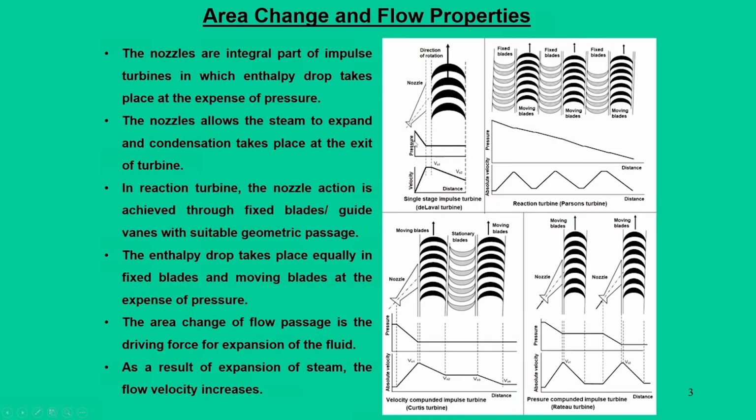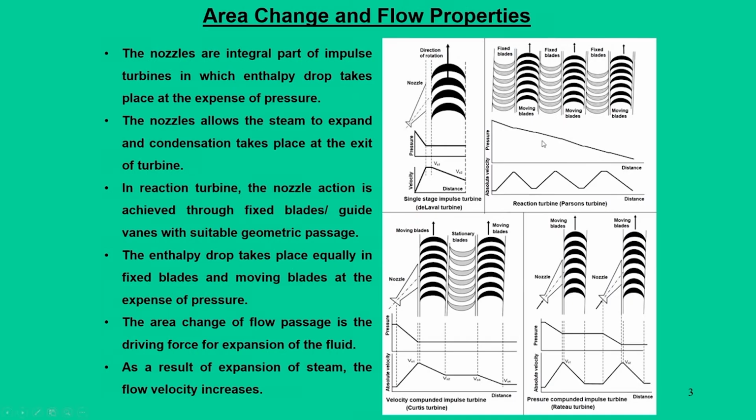If you look at this figure, you can see that the pressure drop takes place in the nozzles, here also, same thing here. At the cost of pressure drop, we can see the increase in the flow velocity, and of course, when there is a pressure drop, the enthalpy also drops. So the total enthalpy drop of the steam is compensated through the pressure drop.